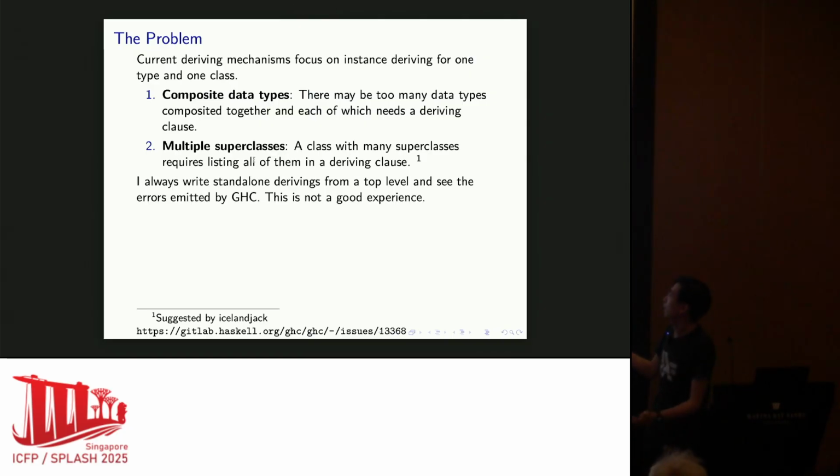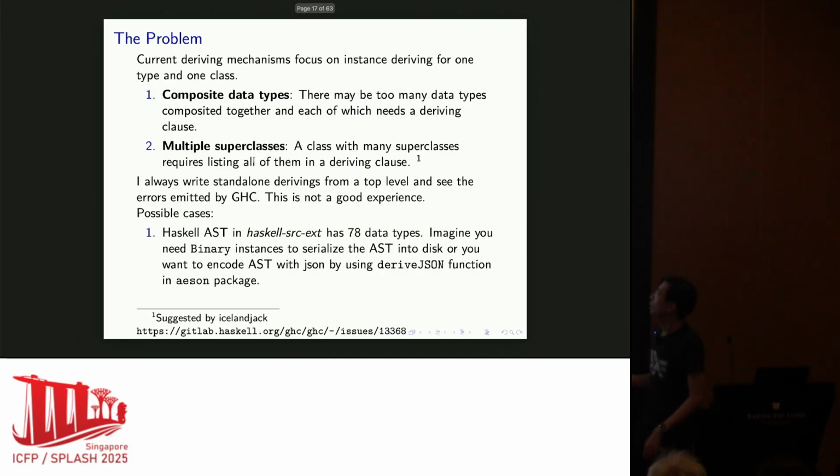So when I handle this problem, I just write a standalone deriving from the top-level type and see the errors emitted by GHC and do some interactive programming. This is not a good experience. A possible case is the Haskell AST in this package.